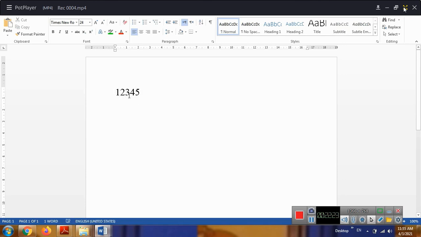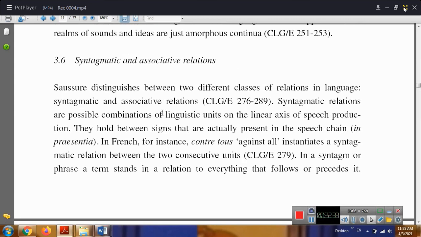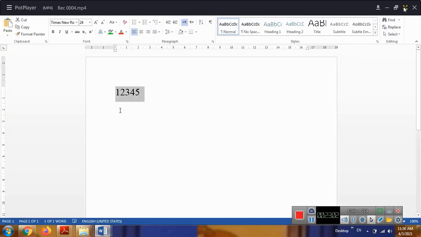It means that the relation between 1 and 2 and 3 and 4 and 5 is syntagmatic, because in a syntagmatic relation we have the combination of linguistic units. Here, for example, I give the examples through the numbers, on the linear axis, like here.